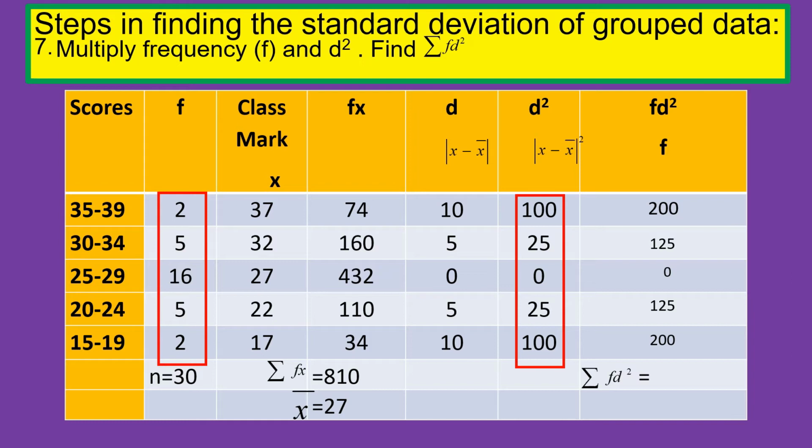And 2 times 100 is 200. So we are going to find summation of FD squared. Summation of FD squared is 200 plus 125 plus 0 plus 125 plus 200, which is equal to 650.